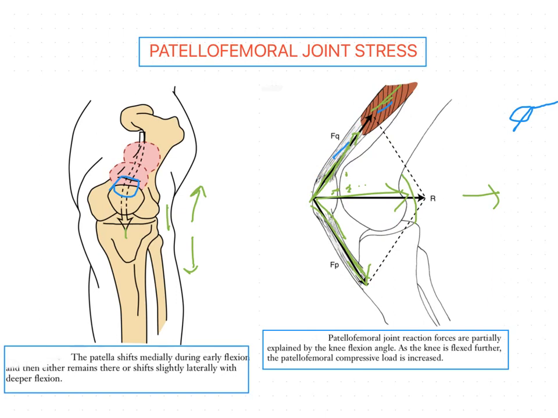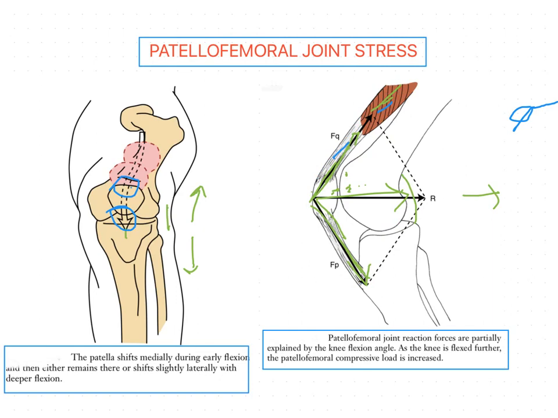As flexion increases, patellofemoral compressive forces will therefore continue to rise. In contrast to patella alta, the patella can also sit lower than normal. Opposite to patella alta, now the patella is going to sit below normal.